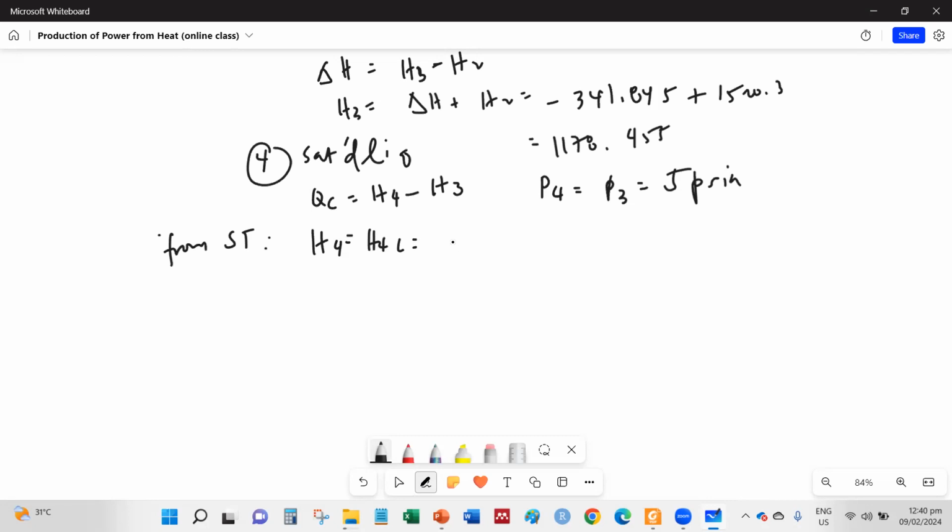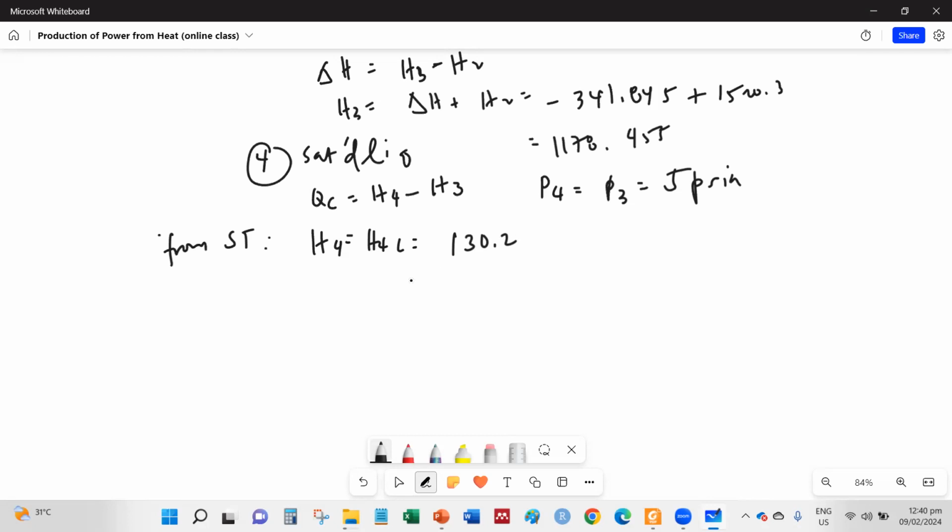We know the H4, so it's the H4L. Then from the steam table, it's 130.2 BTU per pound mass. Okay.